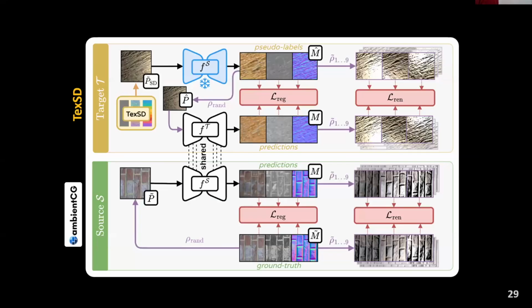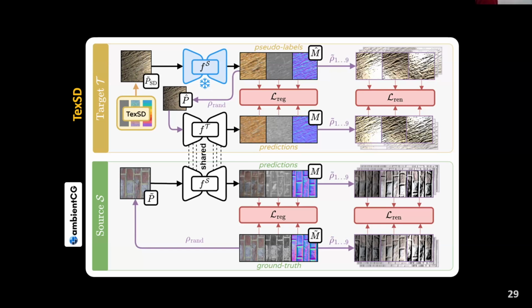So in order to adjust, we come up with a domain adaptation strategy that I will go through a bit quickly. It trains supervisedly on the source data set, so AmbientCG or any other synthetic material data set, and unsupervisedly adapts to the target data set, which presents a lower domain gap with our data during the texture extraction.